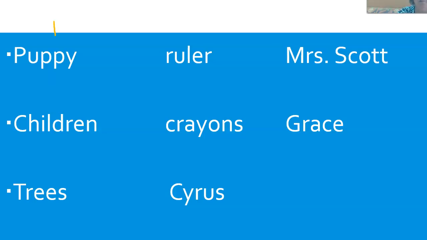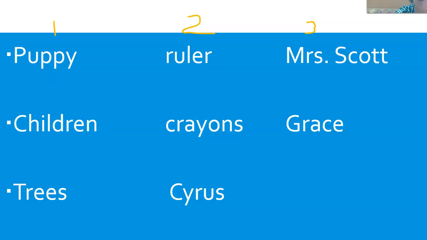I want you to number them: 1, 2, 3, so on, 4, 5, 6, 7, 8. And then next to the number, I want you to put whether you think it's just an S or if it's an apostrophe S. All right, number 1 should have been apostrophe S.